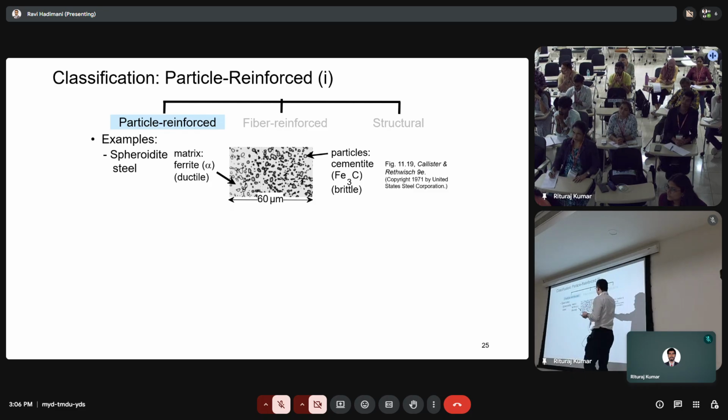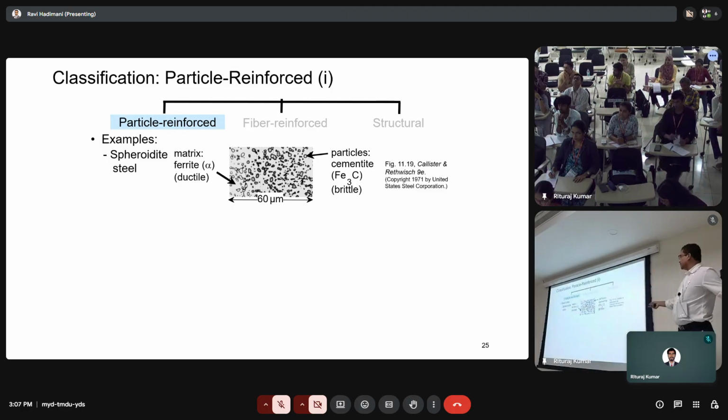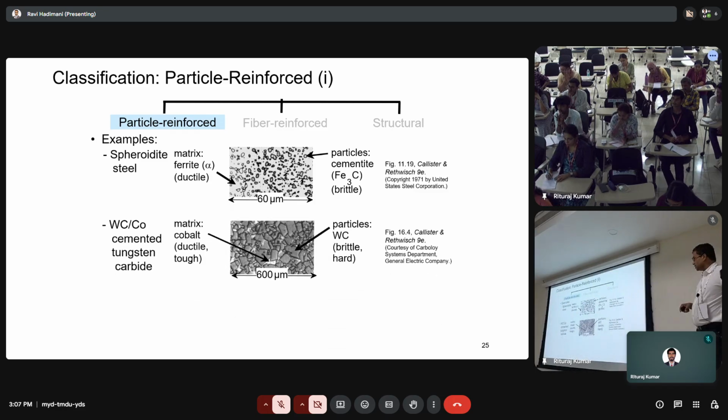In this material, you have ferrite, that is Fe, embedded in cementite, Fe3C. This is one of the phases of steel, and it is nothing but a composite material, right? Because you have one phase embedded in the other phase. Though it's a mixed phase steel, it's a composite material.